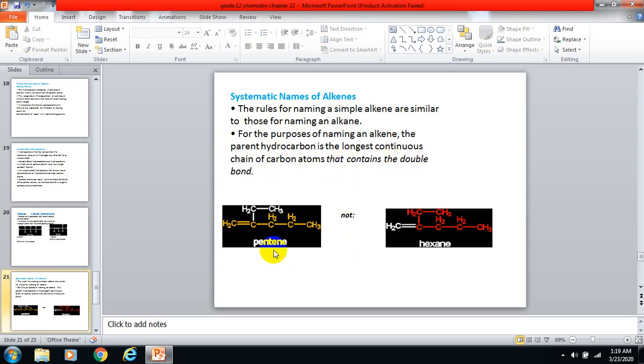Of course, pentene and hexane. Look at the difference. This is pentane, okay. These are the rules for this thing, by the way. Look at pentene. These are not hexane.